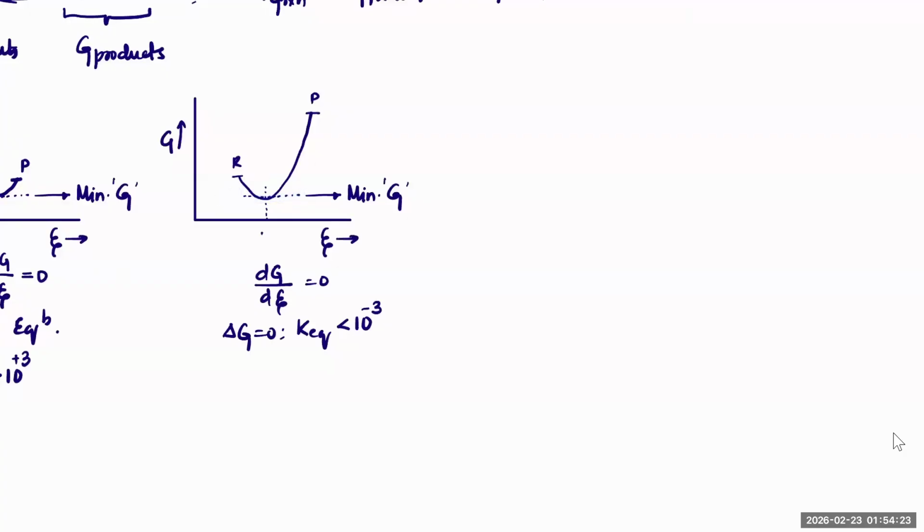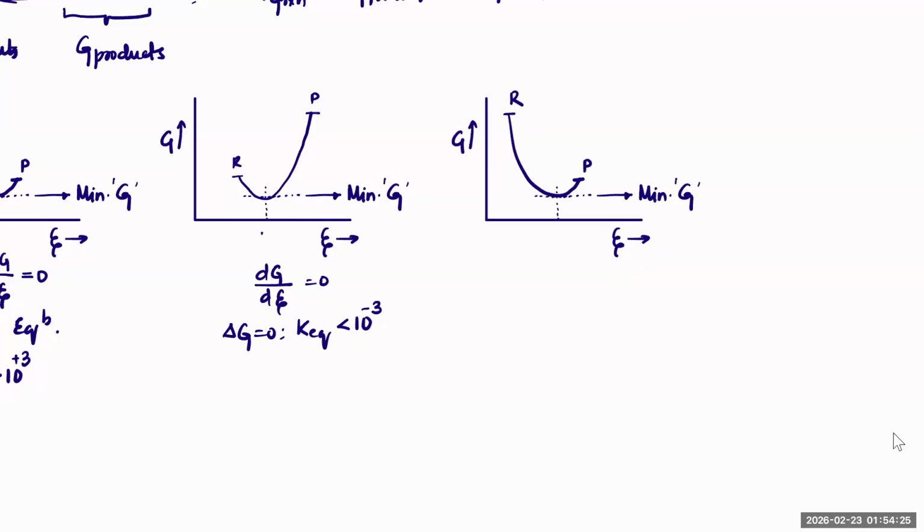Got it? Next, the third case, when both reactants and products are substantially maintained at a significant value. That means comparable values like this. This is reactant, this is product, and this is a very comparable value. In that case, it will still achieve an equilibrium.